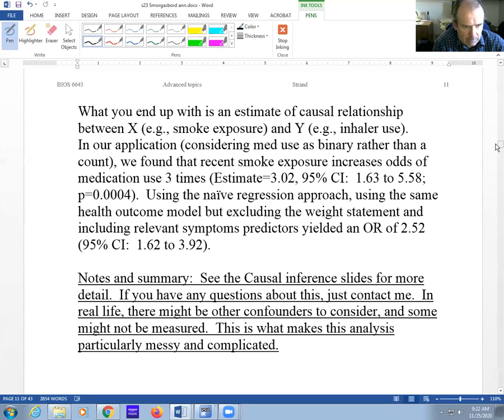I think we can. There's ways that we can check the assumptions for this marginal structural model. I think it's a little bit complicated because it's kind of like the missing data issue, right?